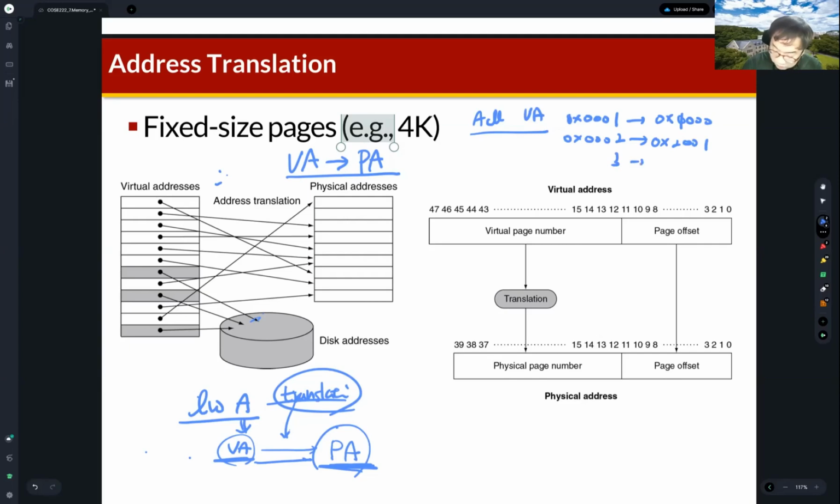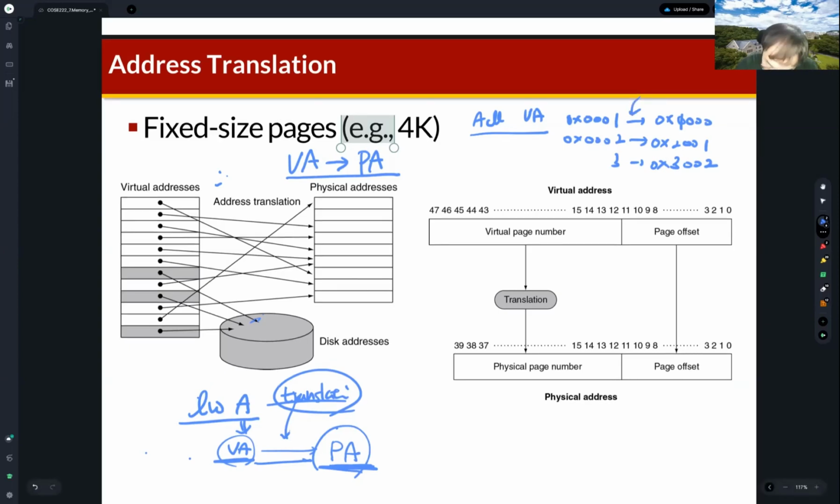And then 3 is translated to 30002. So what is the problem? If every byte address is translated into every byte of the physical address, then we need to know this translation information for every byte address. It's not efficient.